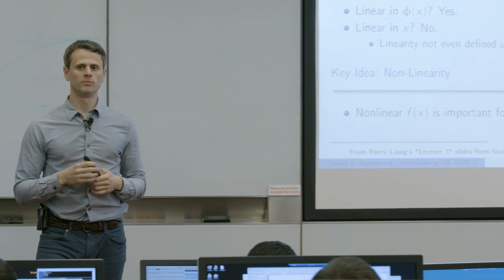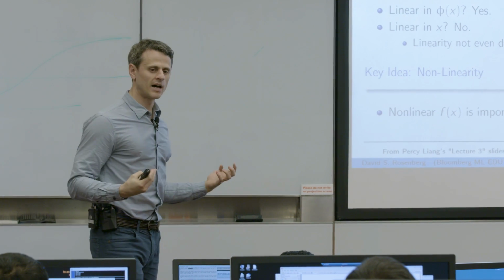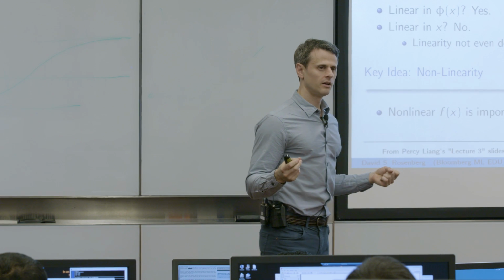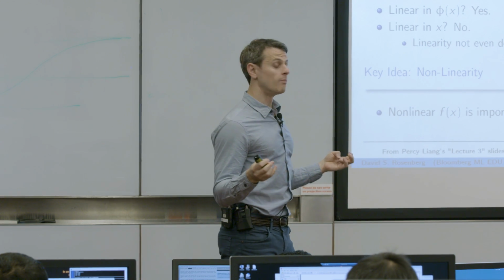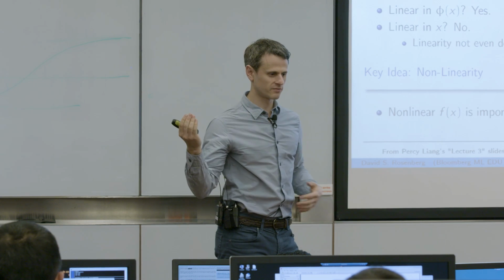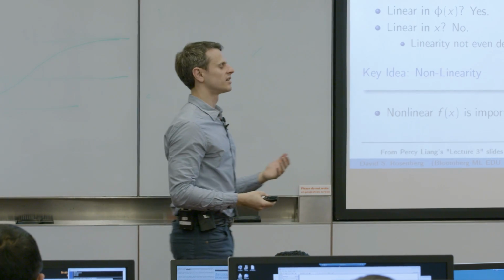And so there's another term which is expressivity, because I want to say something like having a nonlinear f of x is important for expressivity. This means, remember we had the set of all possible prediction functions where our Bayes prediction function lived, and then from that we chose the hypothesis space, a subset.